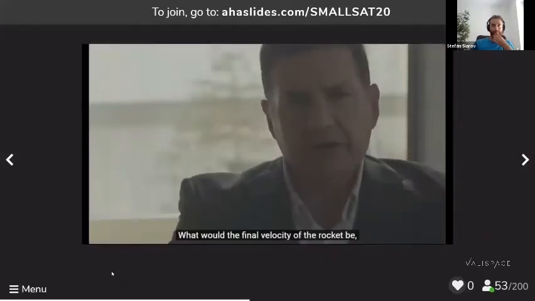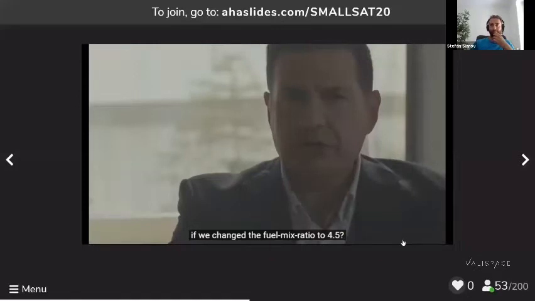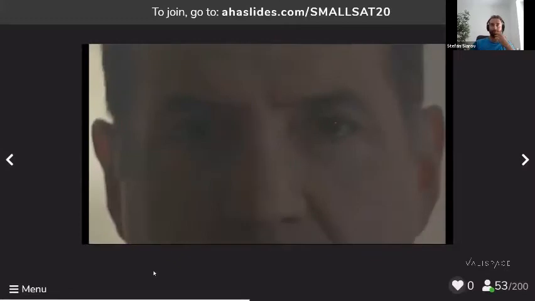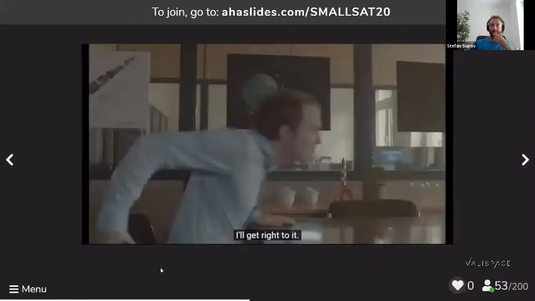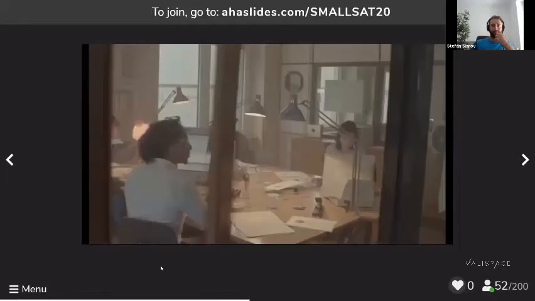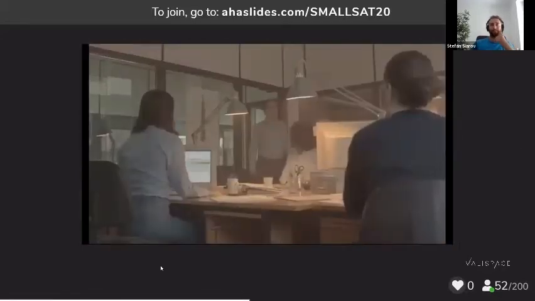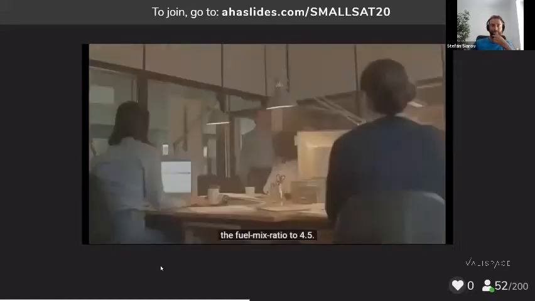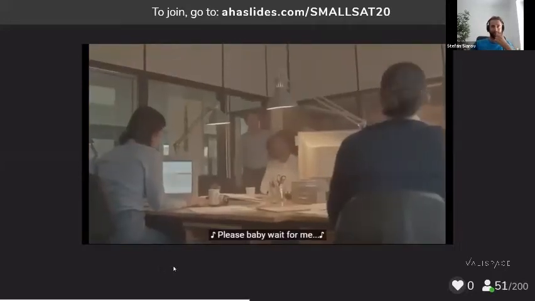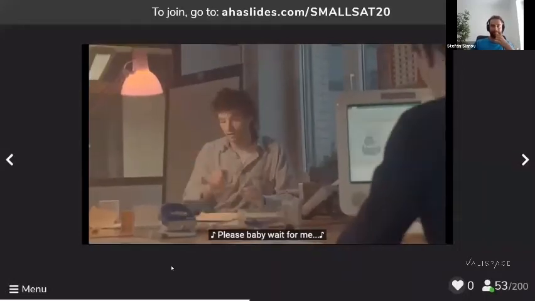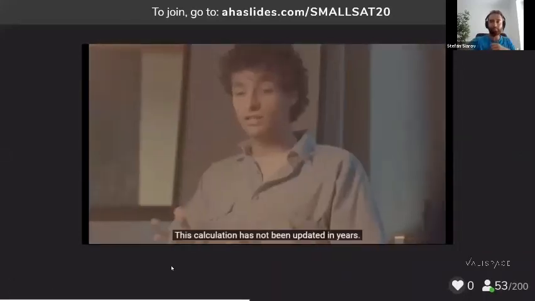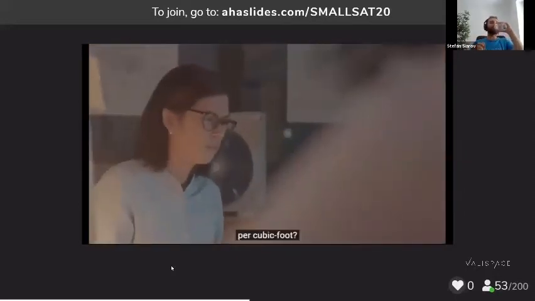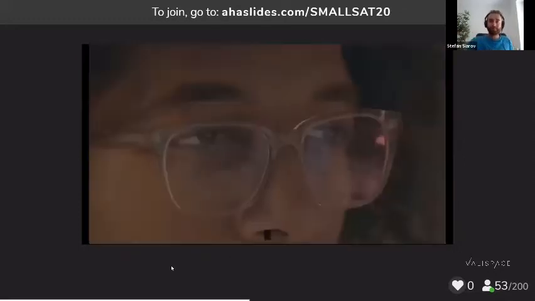What would the final velocity of the rocket be if we change the fuel mix ratio to 4.5? We need to find out what the final velocity would be if we change the fuel mix ratio to 4.5. This is a nightmare. This calculation hasn't been updated in years. Who even calculates in pounds per cubic foot? This value cannot be right.